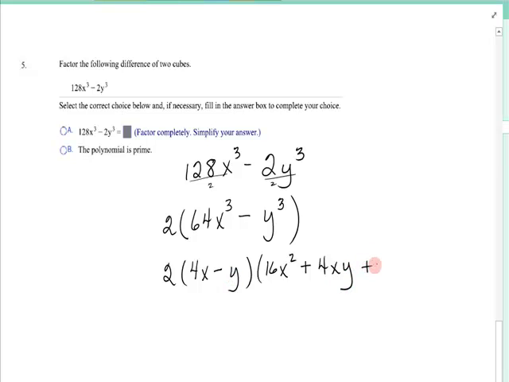Square the last one. And we're done. GCF, and then it was the difference of cubes. And it doesn't matter if it's the difference of cubes or the sum of cubes, the words I used were the same. You keep the sign there, square, change that sign, product, square. Okay? Give that a try.